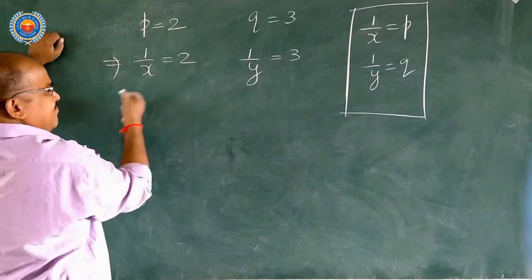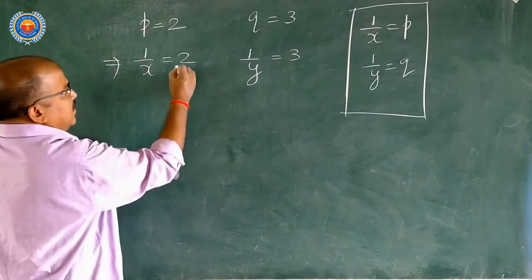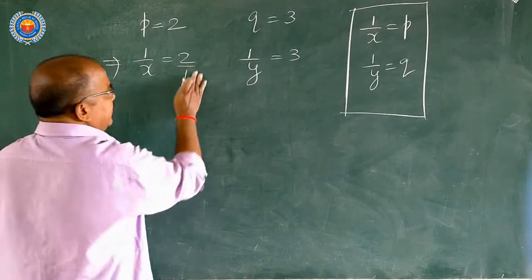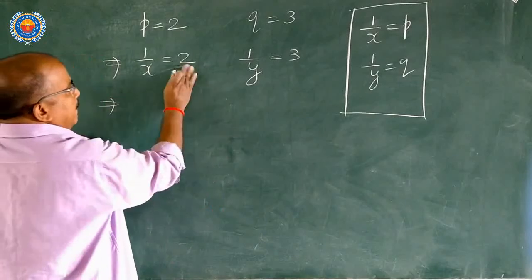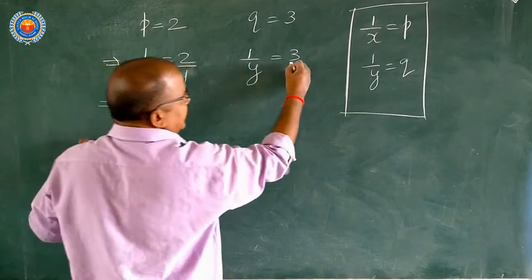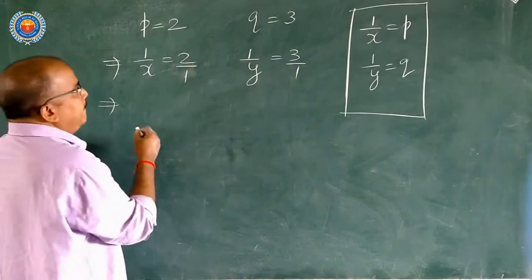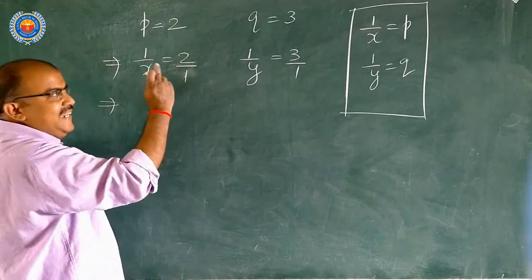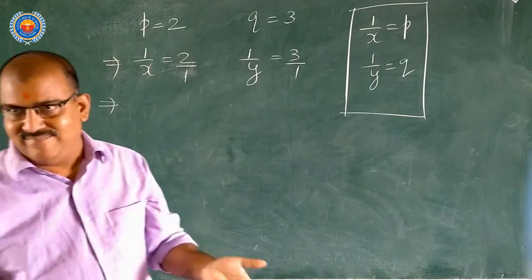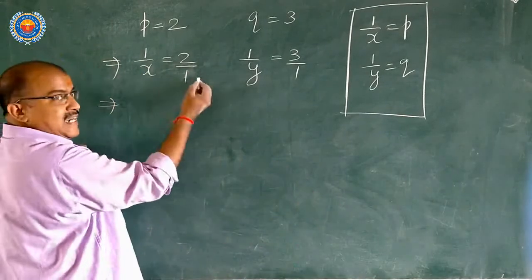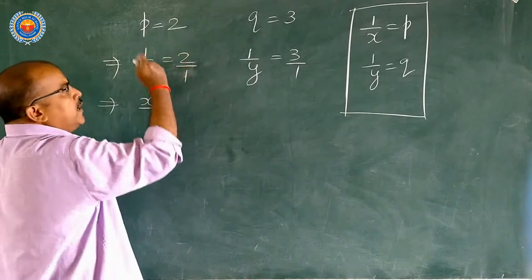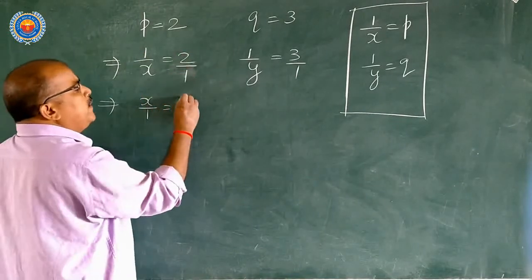Q is 1 by y, P is 1 by x. If you want, you can write 2 by 1 and do cross multiplication, that is our wish. So this is 2 by 1, and this is 1 by 3. So 1 by x is equal to 2 by 1, so x by 1 is equal to 1 by 2.